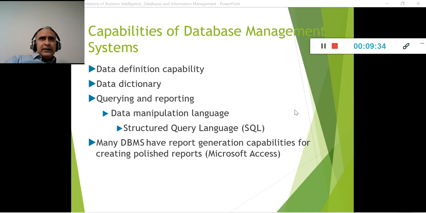So when we have these database management systems, when we have so much information together in a database, it's easier to look up information.